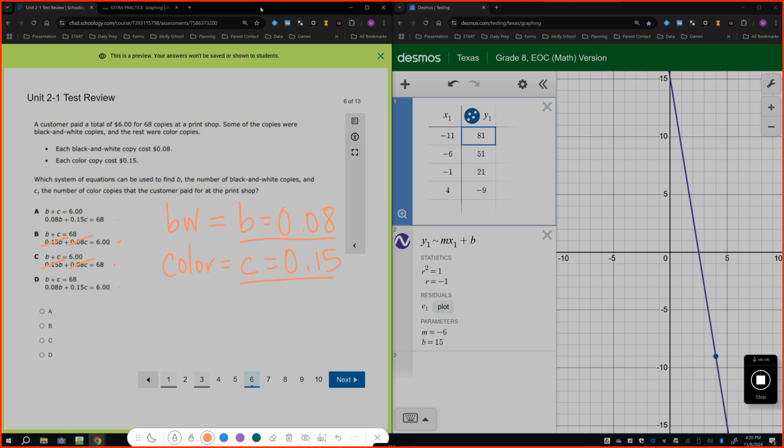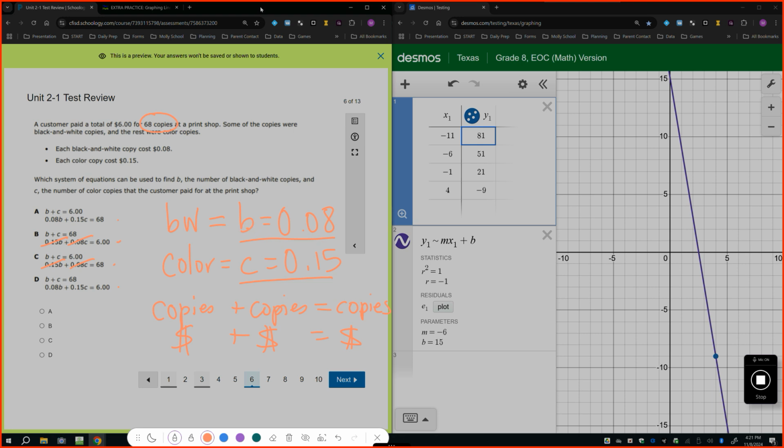Okay, now the other thing is, remember we talked about like terms. So if I have copies plus copies, it should equal copies. Money plus money should equal money, okay? So they have B plus C. Well, I have 68 copies.